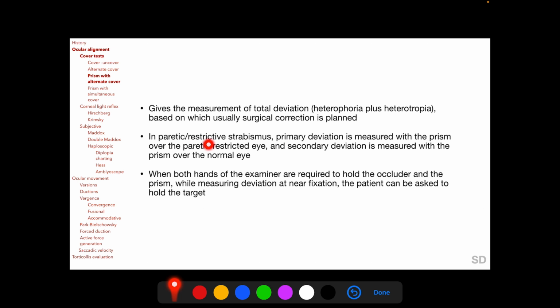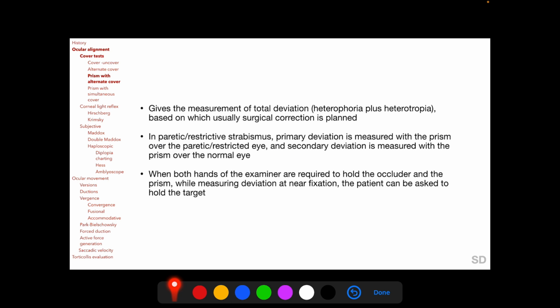In pediatric or restrictive strabismus, primary deviation is measured with the prism placed over the affected eye so that the normal eye fixates the target, and secondary deviation is measured with the prism over the normal eye so that the affected eye fixates the target, and we have seen in a previous session that secondary deviation is always more than the primary deviation according to Hering's law.